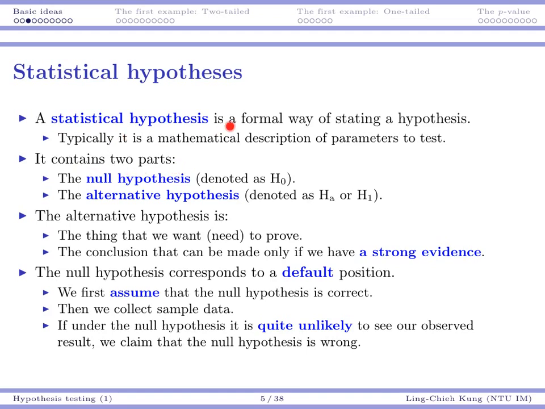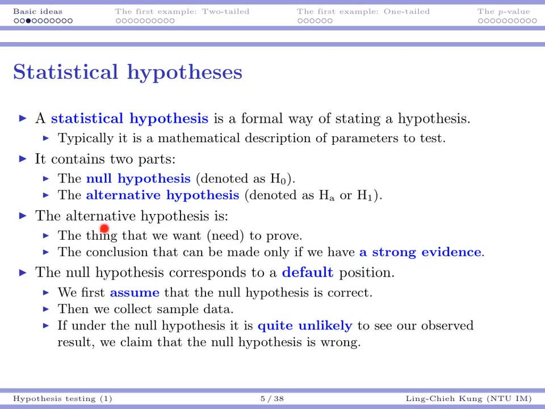Okay, a hypothesis has two parts, or you can say it is constructed with two hypotheses. One is called the null hypothesis, the other one is called the alternative hypothesis, and we will typically write them as H0 and HA or H1 respectively. Okay, so what are they?